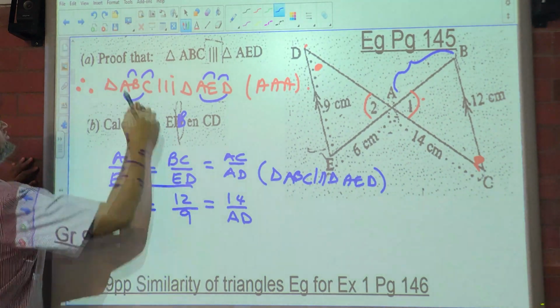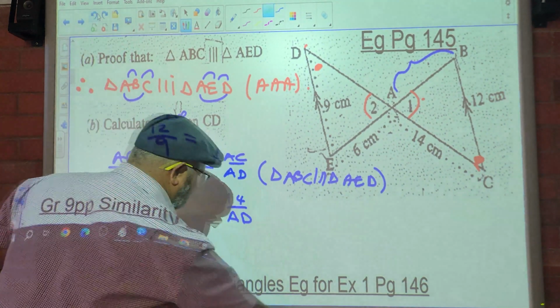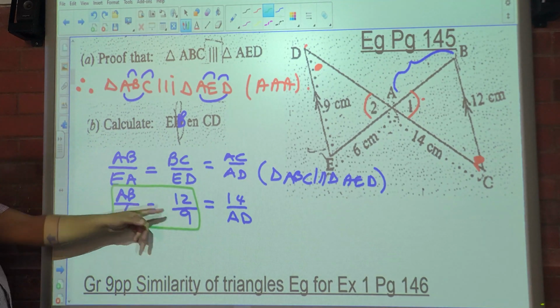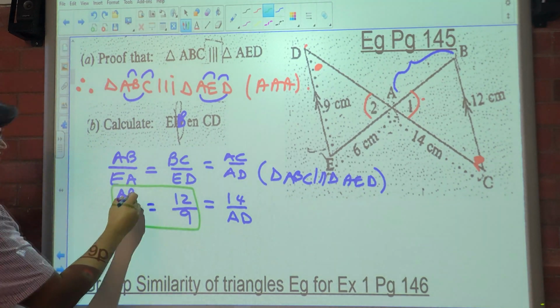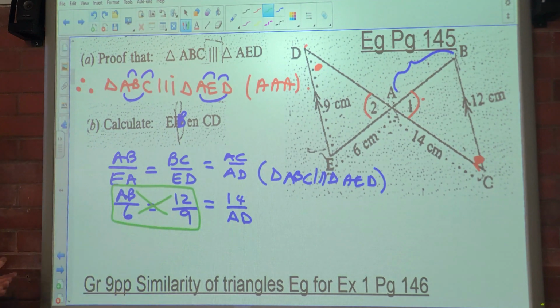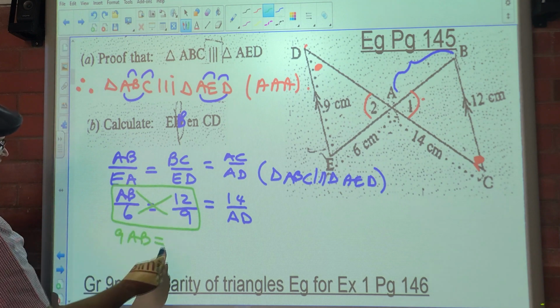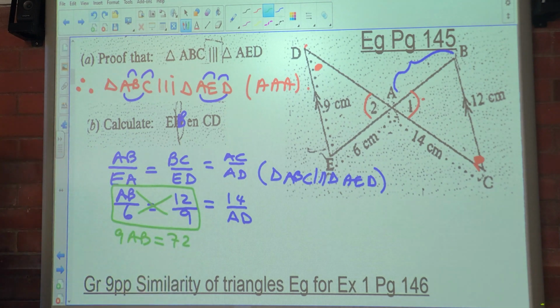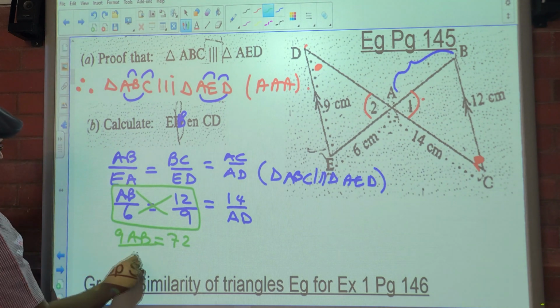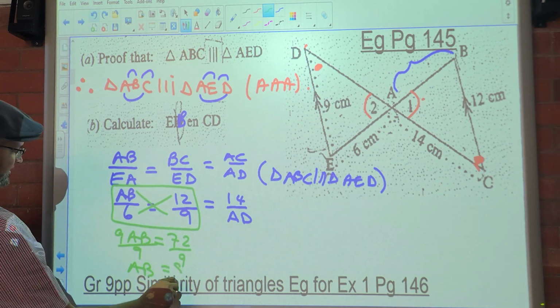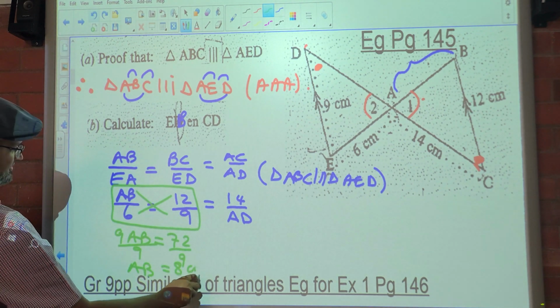I'll couple those two together and solve for AB. I cross multiply. AB times 9 is 9AB, 6 times 12 is 72. 72 divided by 9 gives an answer of AB to be 8 centimeters.